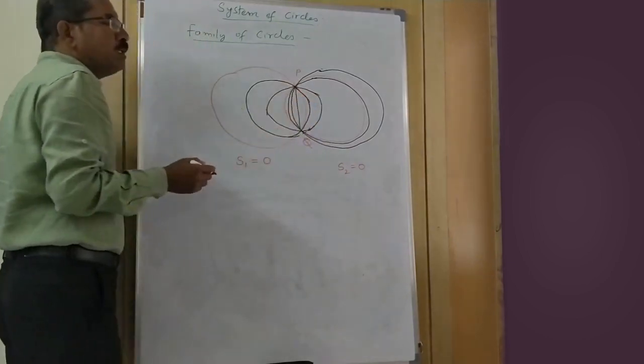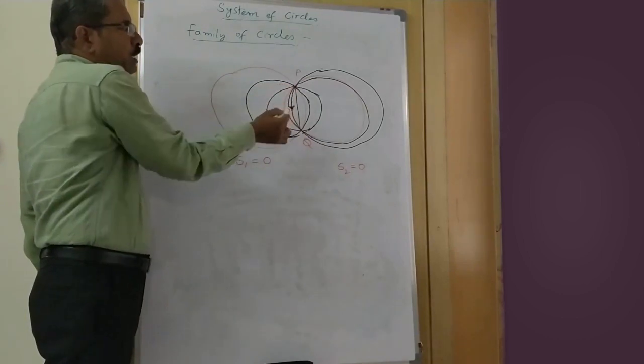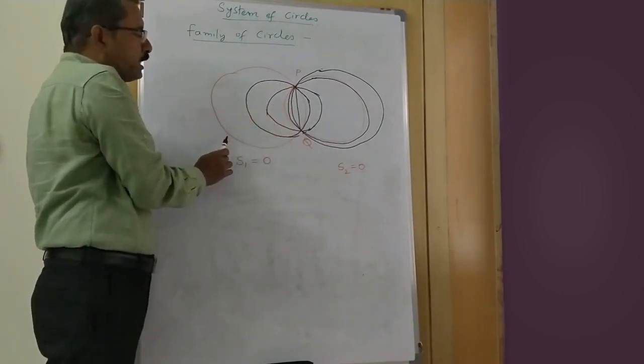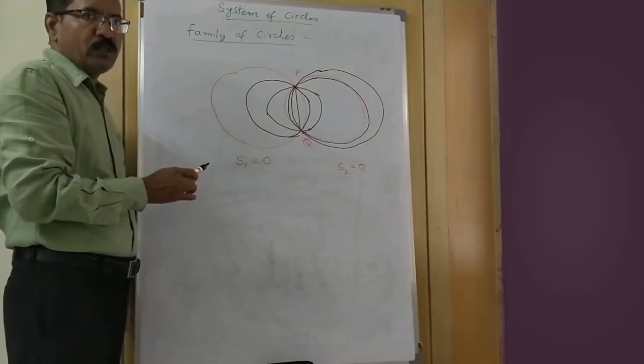We can draw any number of circles passing through P and Q, which are the intersection points of the two circles S1 = 0 and S2 = 0.